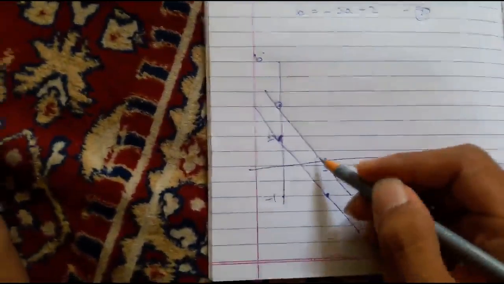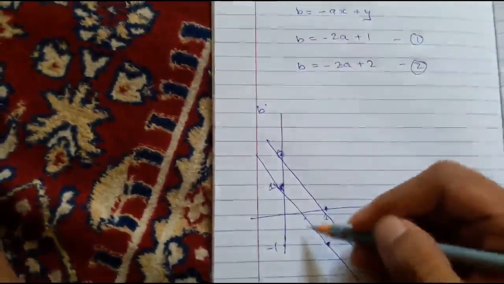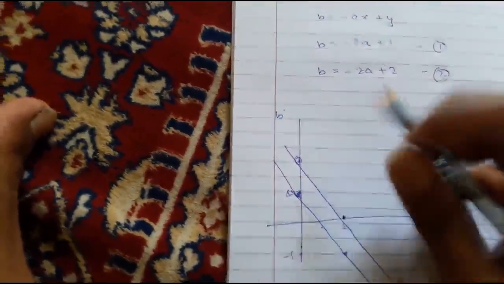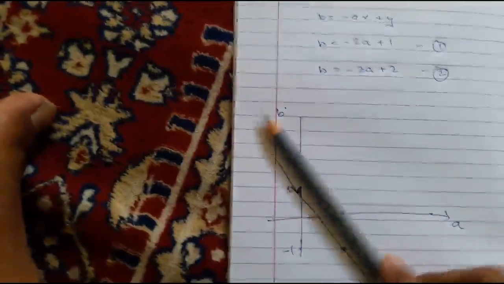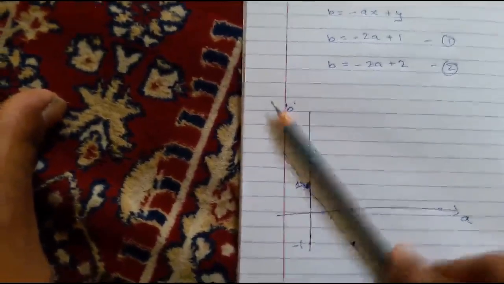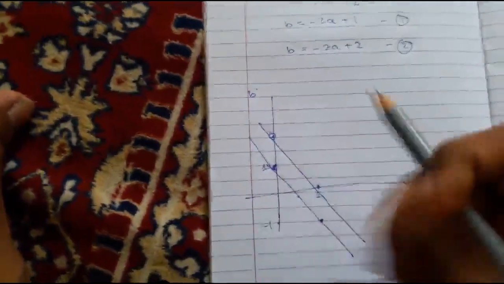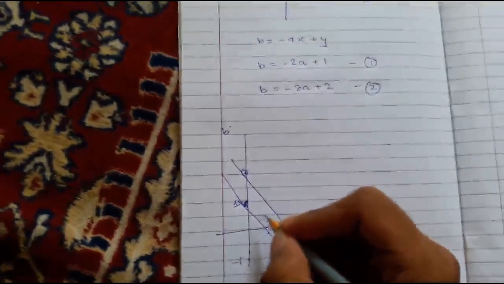Here there is a problem: these two lines are parallel to each other. You can see the slopes of both lines are the same, but the y-intercepts are different. So these two lines will never meet each other, and I will never get a single point.